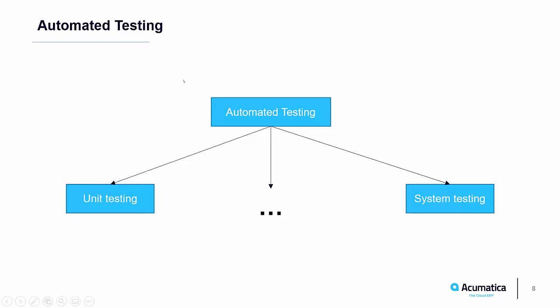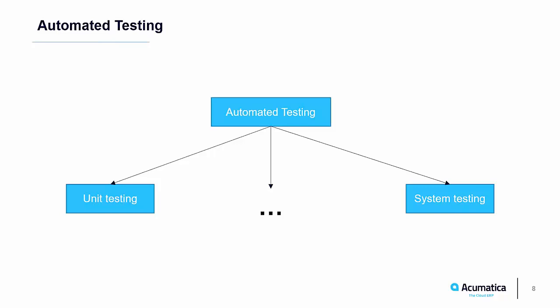As for automated testing, let's review it in more detail and talk about different types of tests that exist, generally in software development and specifically in development for Informatica ERP. First of all, let's categorize automated tests into several categories.